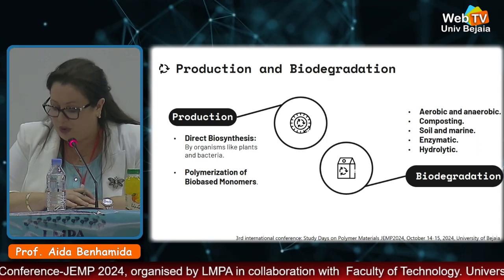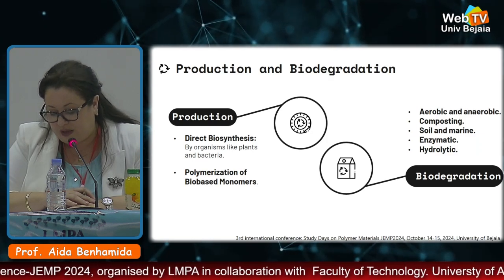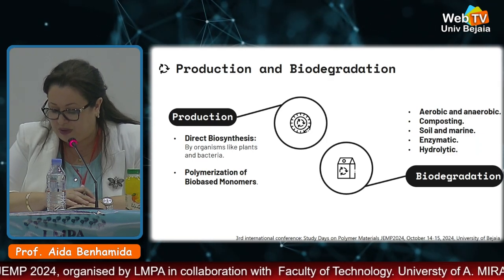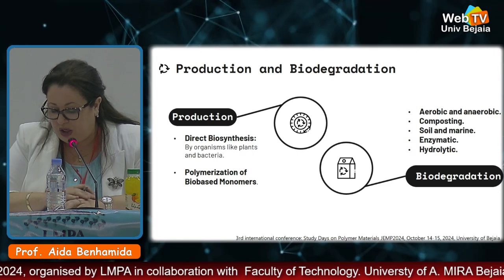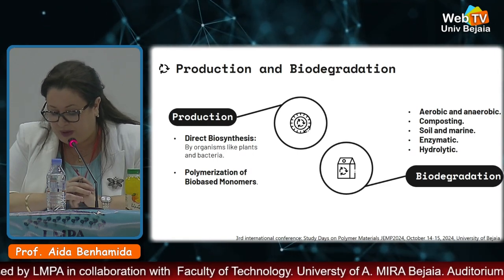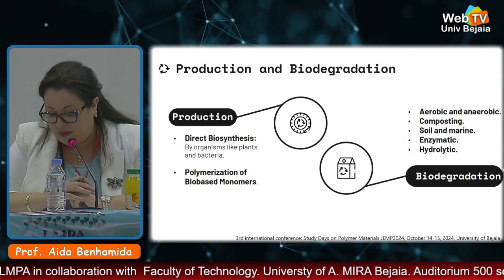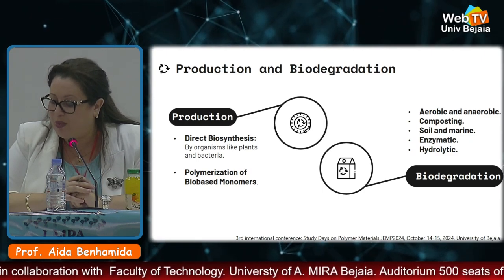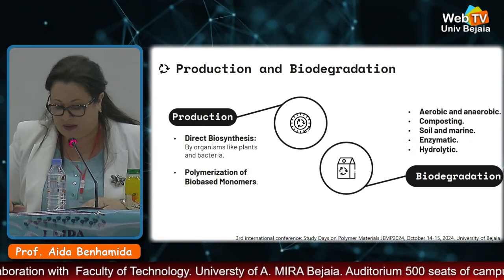Polymerization of bio-based monomers: we can use renewable resources like sugars and plant oil to create monomers that are chemically or biologically polymerized into bio-based polymers such as PLA, biopolyethylene, and polyamides.